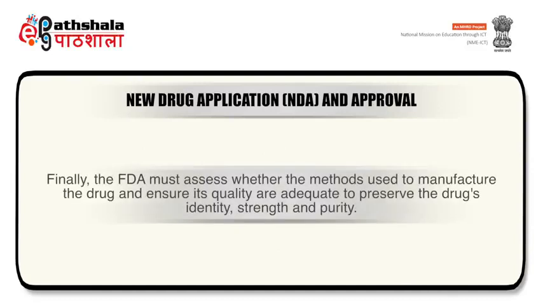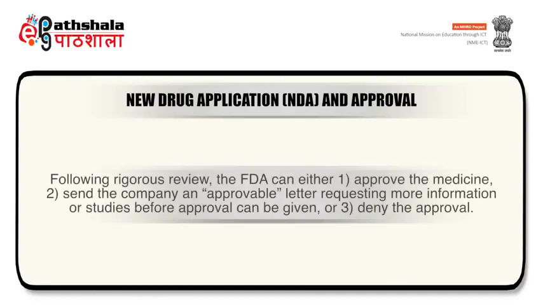Finally, the FDA must assess whether the methods used to manufacture the drug and ensure its quality are adequate to preserve the drug's identity, strength, and purity. Following rigorous reviews, the FDA can either approve the medicine, send the company an approvable letter requesting more information or studies before approval can be given, or deny the approval.